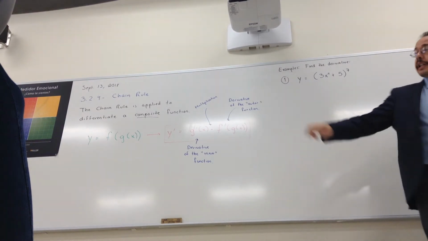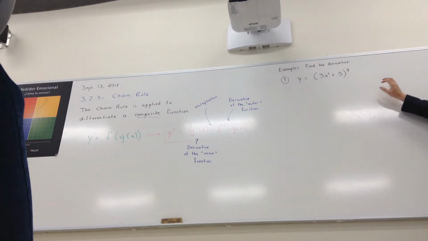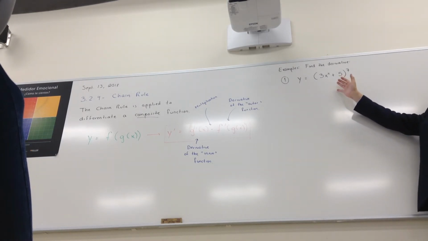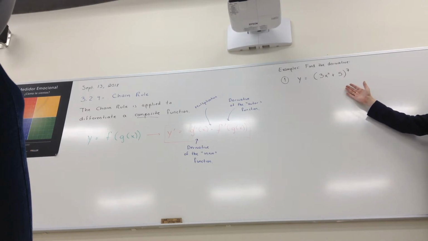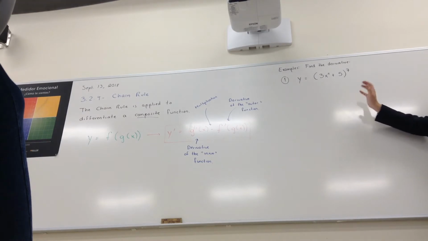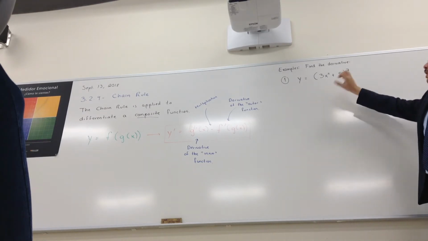Example. Here, y equals (3x squared plus 5) to the 7th power. In this case, can I rewrite, simplify or expand it? I can expand, but to the 7th power it's not practical unless you use Newton's binomial, which is something that you didn't see, or maybe you have seen in math 2.